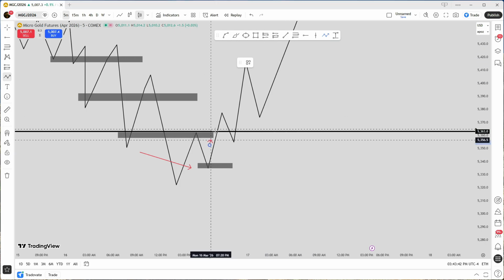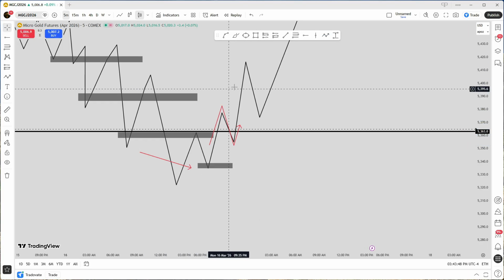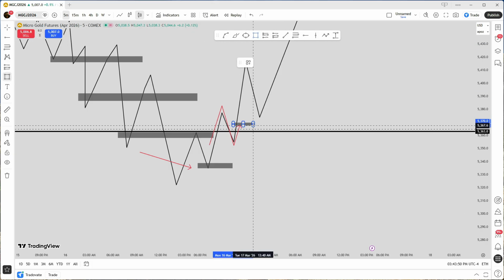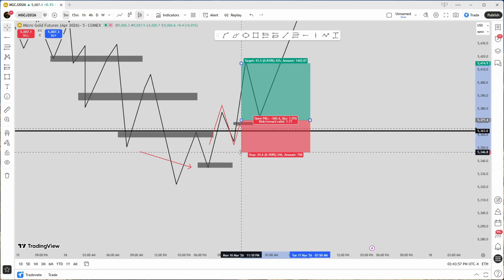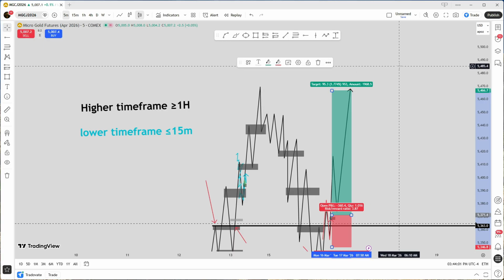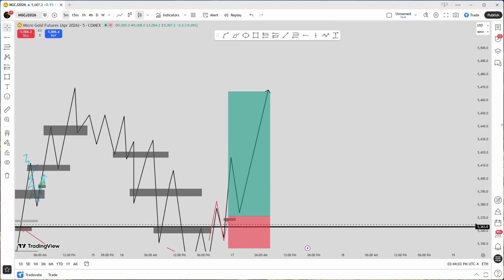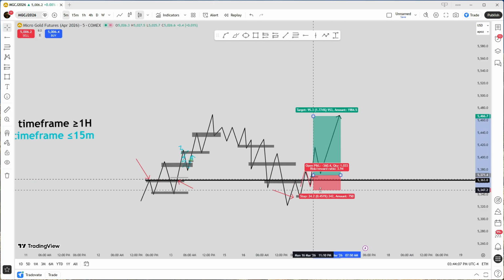Confirmation is when price made a higher high, came back down to make a higher low, and then price is back above that zone. You would enter here on the lower time frame, of course, and then you're going to aim for the last high where this trend started from in the first place. So you would aim for there. So there you got a big trade.